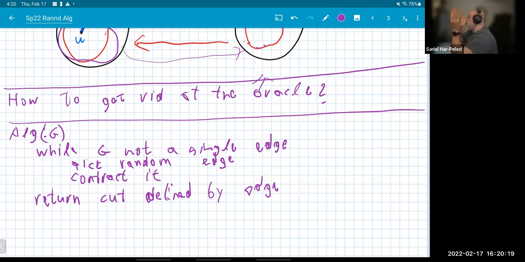So we randomly pick an edge, contract it, randomly pick an edge, contract it, until the graph has only a single edge. The single edge corresponds to a cut. You return it as a candidate to be min cut.